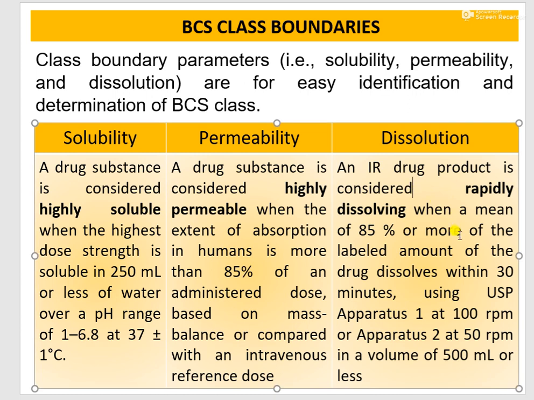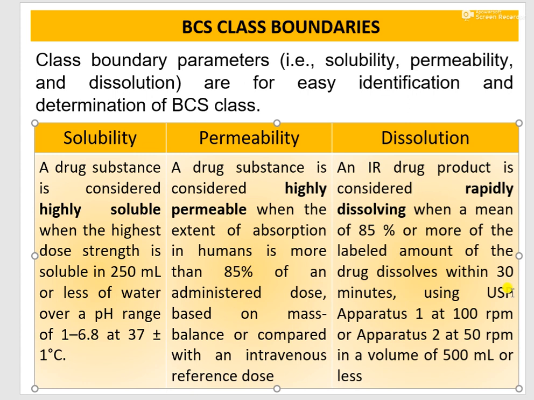Dissolution: an IR drug product is considered rapidly dissolving when mean of 85% or more of the labeled amount of drug dissolved within 30 minutes. So rapidly dissolving drugs are those drugs where you can observe that 85% or more of the label amount of drug dissolving within 30 minutes.